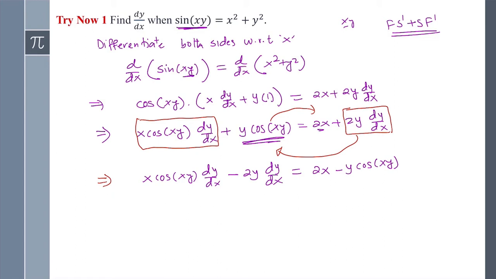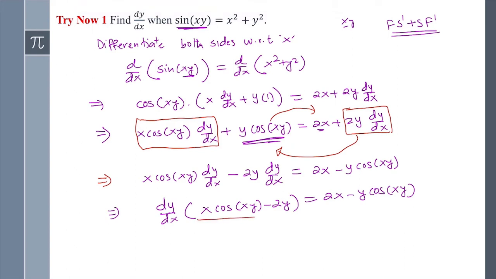Now, in order to solve for dy over dx, we need to factor it out. So let's go ahead and factor out dy over dx. Then we get x cosine of xy minus 2y equals 2x minus y cosine of xy. Now the final step, we are going to divide by this term on both sides: x cosine of xy minus 2y.